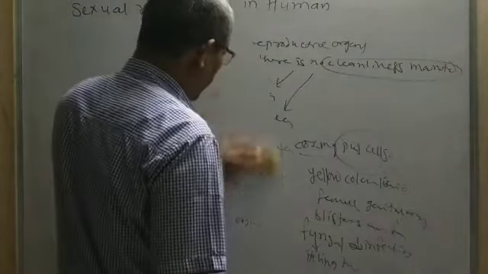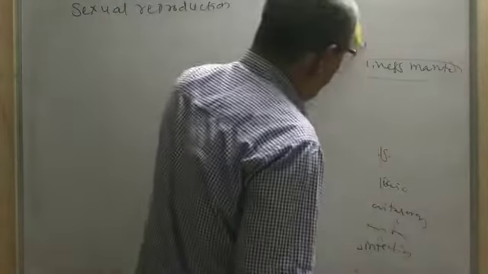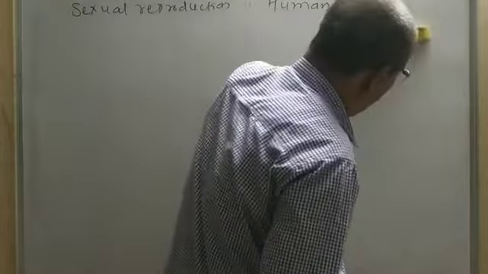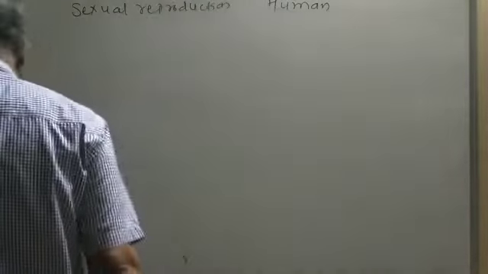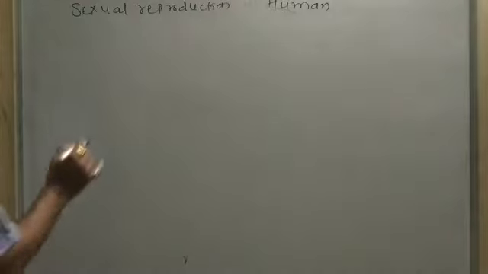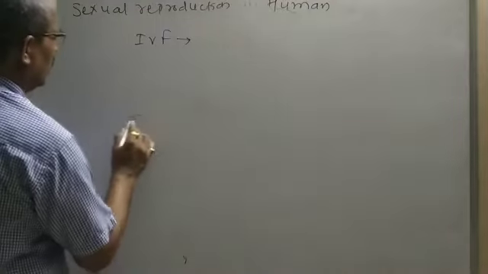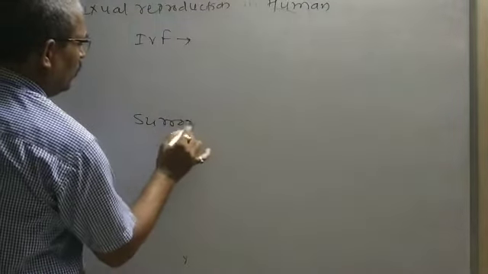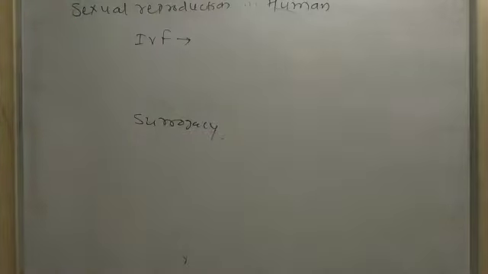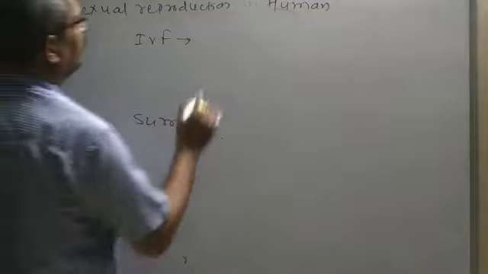Now there is one small topic remaining, and I am going to take it. This was the last topic, but we have to see one more topic: what is meant by IVF, and what is meant by surrogacy? IVF is one kind of modern technique, in vitro fertilization.